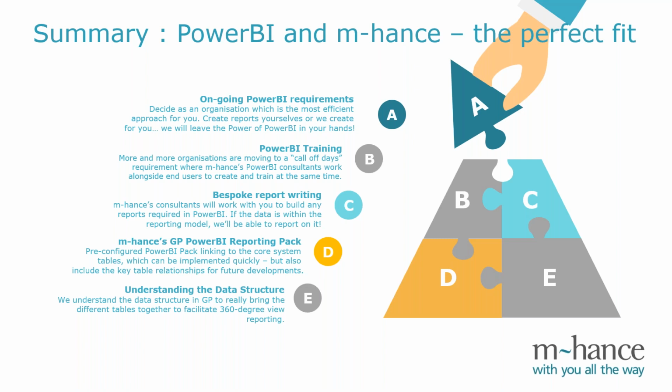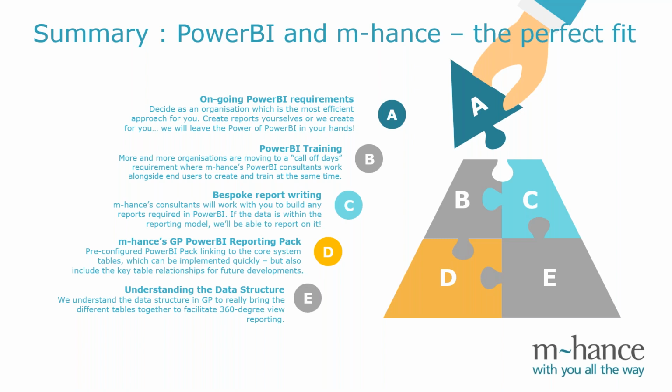What we're actually finding, working up this pyramid, is that B and C are quite intertwined, because we've got our enhanced consultants who know GP and know Power BI. If the data is within the reporting model, so if it's in GP, we'll get it into Power BI and we'll be able to report on it. But more and more organisations are taking our pack first of all, but having call-off day training.